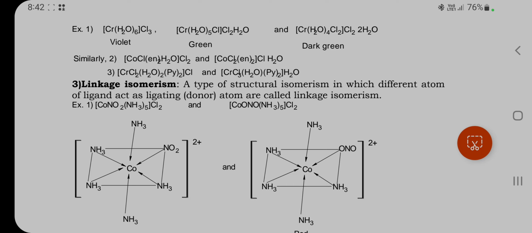In the first example, the nitrogen atom of the nitro group is the ligating atom, whereas in the second example, the oxygen atom of the nitro group is the ligating atom. That is called linkage isomerism. Different atoms of the ligand act as the donor atom.